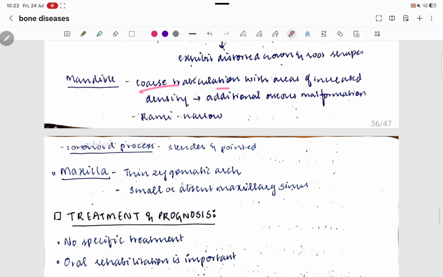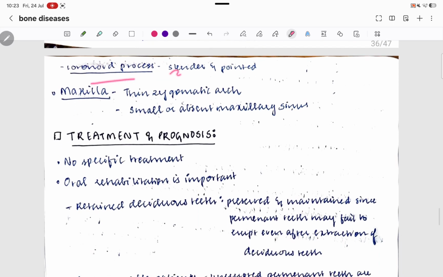The mandible shows coarse trabeculations with areas of increased density. Additional osseous malformation is seen. Rami are narrow. Coronoid process is slender and pointed. Maxilla is thin, and the zygomatic arch is thin. Sometimes the maxillary sinus is small to absent.